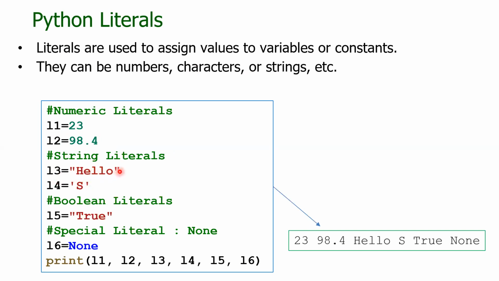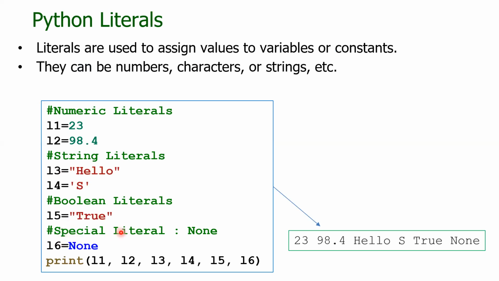If it is a string literal, it has to be enclosed in single quotes or double quotes, or triple quotes is also valid. Then we have Boolean literals where the values can be either True or False, with T and F as capital letters.